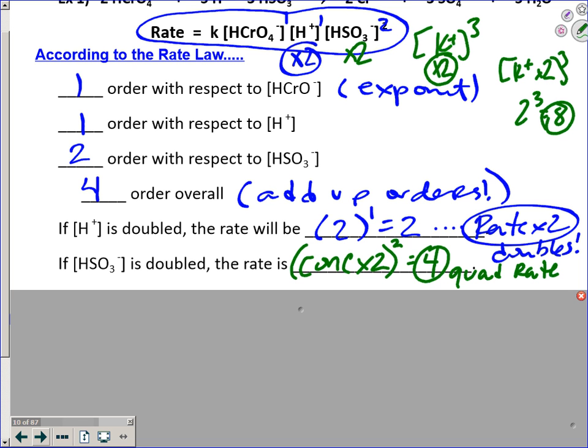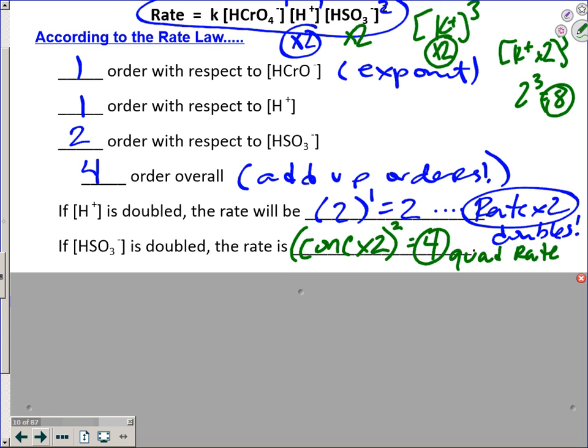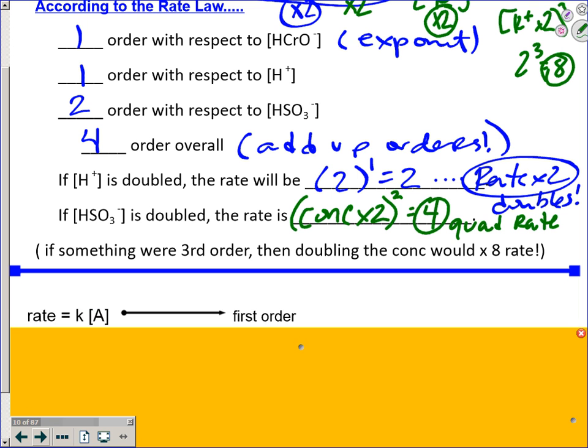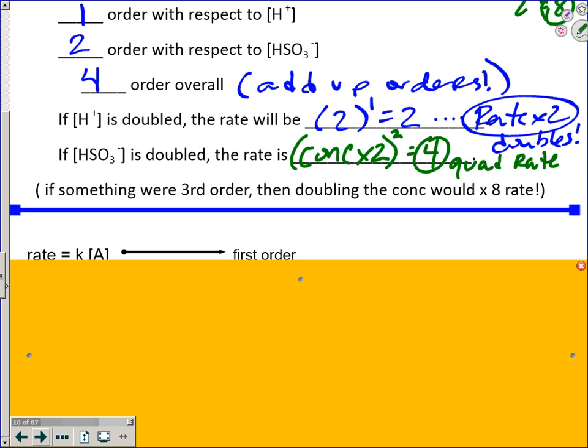So I would adjust the rate 8-fold. You with me? 8-fold means times 8. I don't know the word for it, like quadruple, octuple? Octuple. You guys like that one? Okay, we'll keep that. But I would just say 8-fold. Okay, so there's a little bit more here.